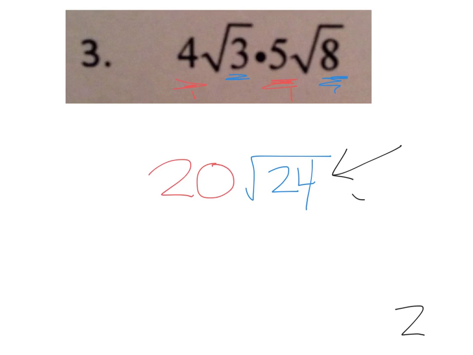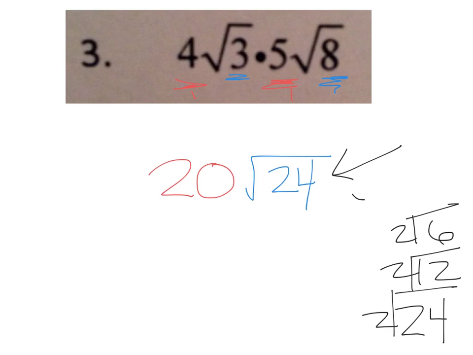So I want to take the 24 and prime factor it. And when I prime factor it, I see that 24 gives me 2 root 6.